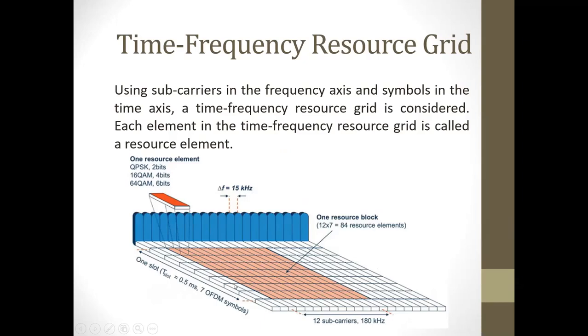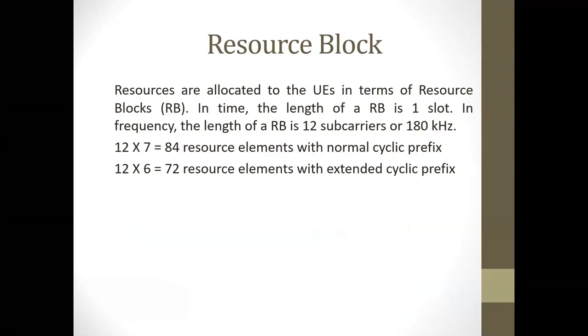Now you have some concept of blocking, creating a group with every 12 subcarriers. And 12 subcarriers take up 180 kilohertz because of 15 kilohertz subcarrier spacing.